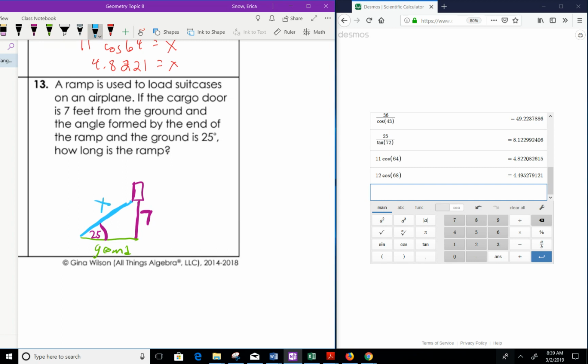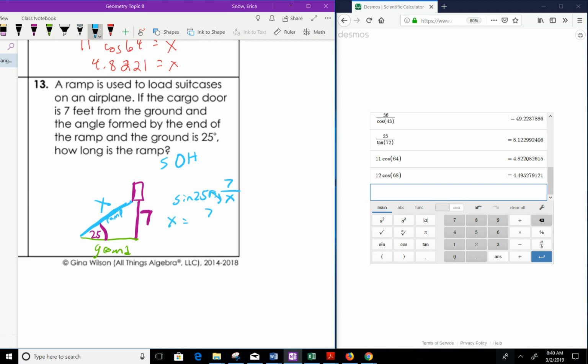So we don't know how long our ramp is. And then I drew the door. So there you go. So this one we have our opposite, and we're looking for the hypotenuse. So that is sine. So we have sine 25 equals the opposite over the hypotenuse. Remember, we can just switch our sine and our x.